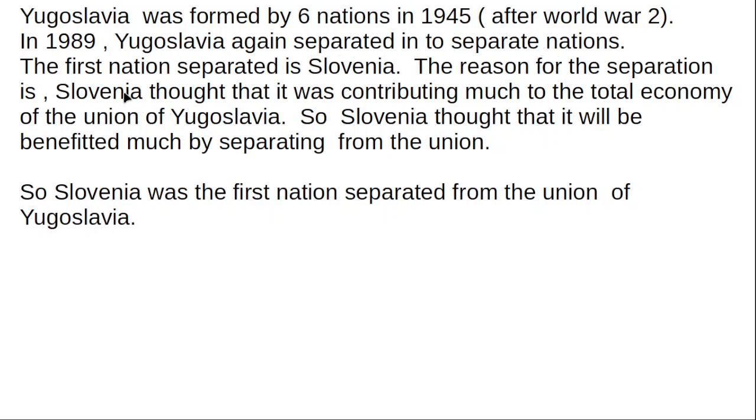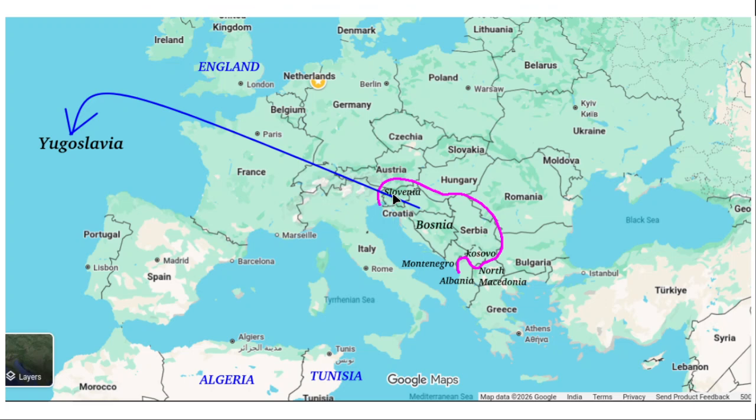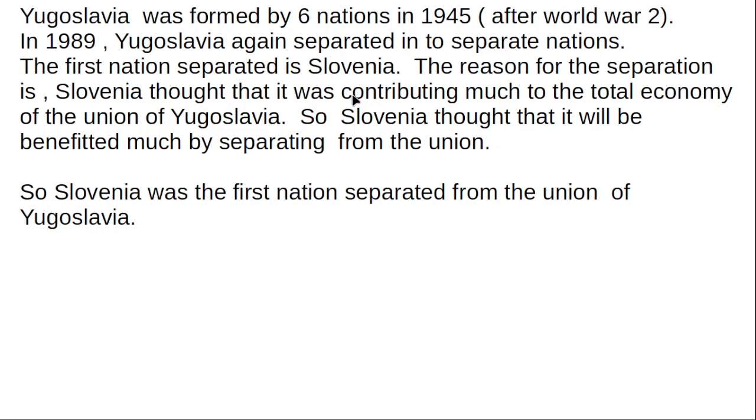The first nation that separated is Slovenia. Here you will find Slovenia, at the top edge of Yugoslavia. Slovenia was the first nation that separated. Why? Because Slovenia thought it was producing a lot of things, and all such things were utilized by the remaining member nations.